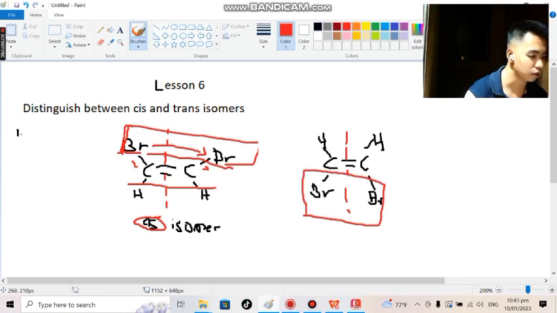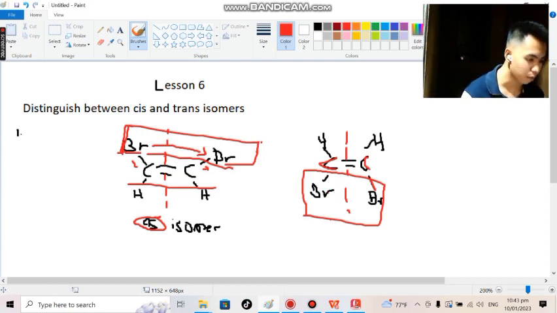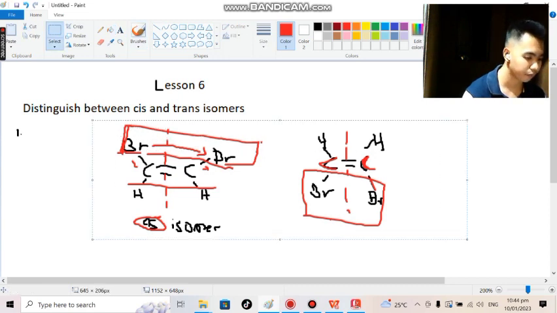Even if the bromine is not on the upper side like this, they're still called a cis isomer since the bromine in carbon 1 and the bromine in carbon 2 are on the same side. They are on the lower part of both carbons. So that is an example of a cis isomer.